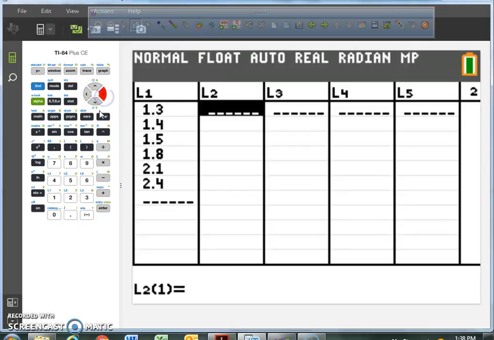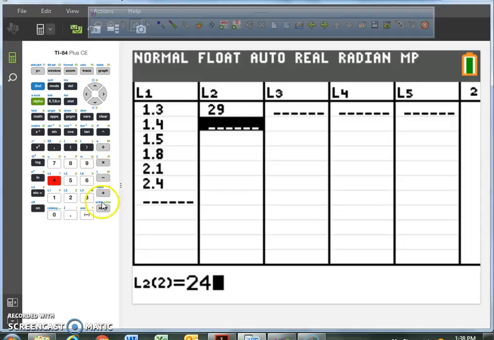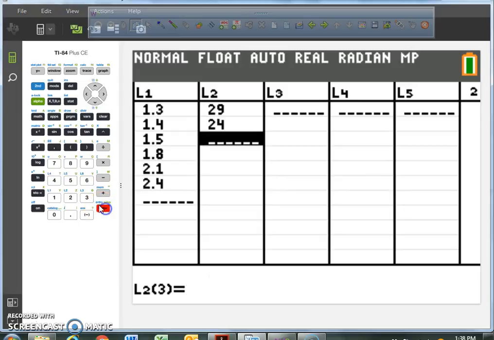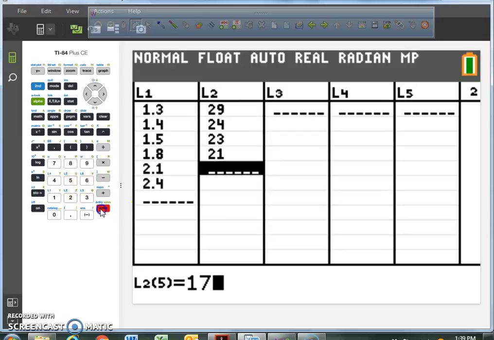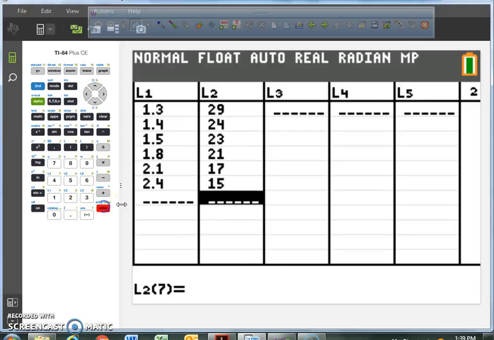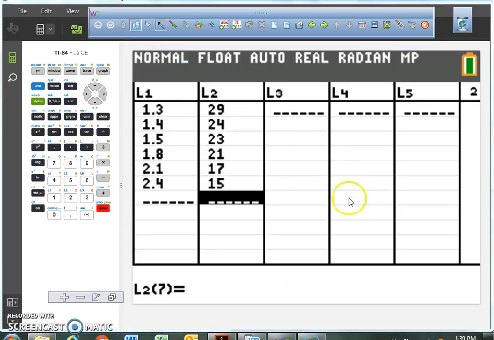And then we can make sure you have the corresponding Y values. 29, not 92. 29, 24, 17, and 15.